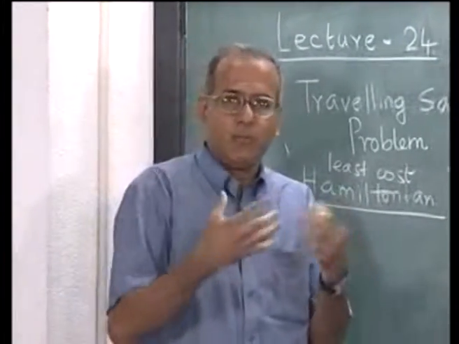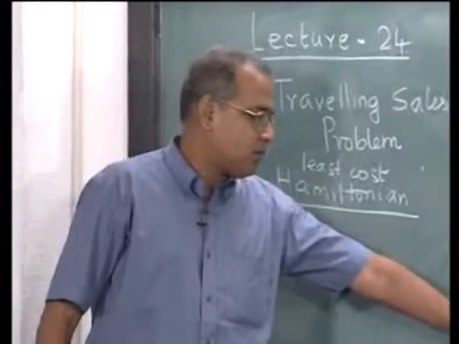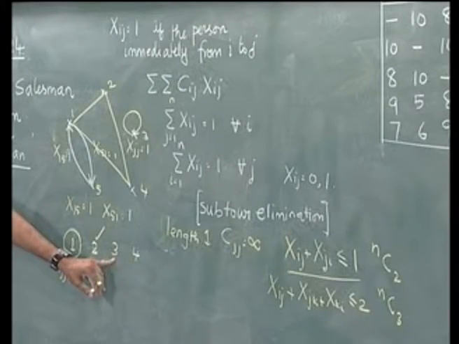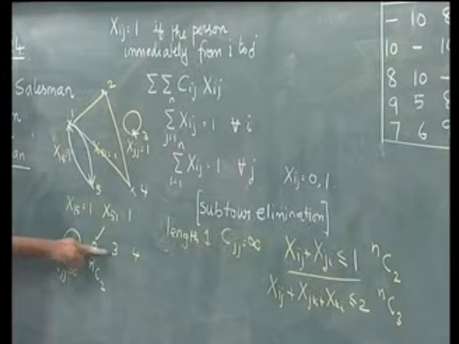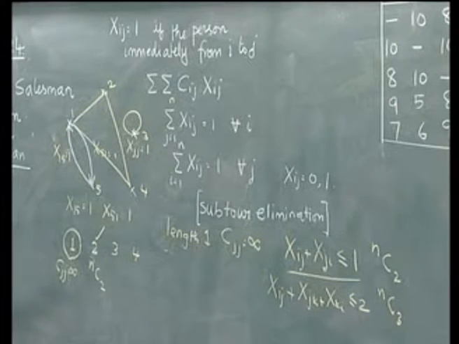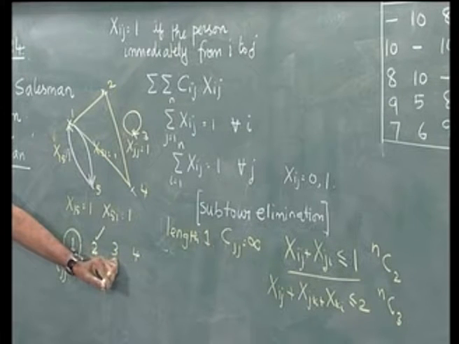So, if there is a subtour of length 3, then there should be a subtour of length 2 or length 1, so that the 5 is taken care of. So, for every subtour of length 3, there has to be at least one more subtour, which is either a subtour of length 1 or a subtour of length 2. So, by eliminating subtours of lengths 1 and 2, we automatically eliminate subtours of length 3.